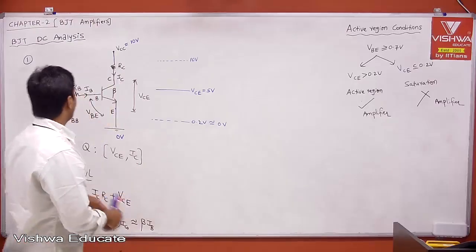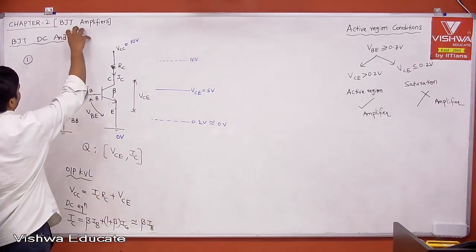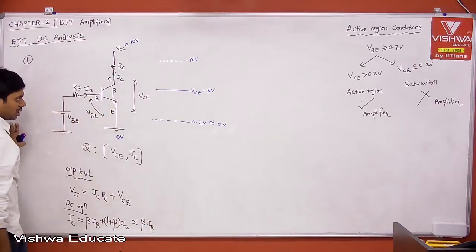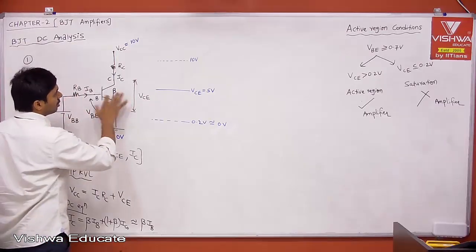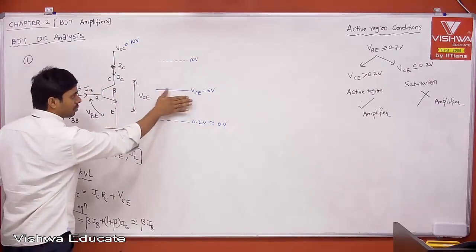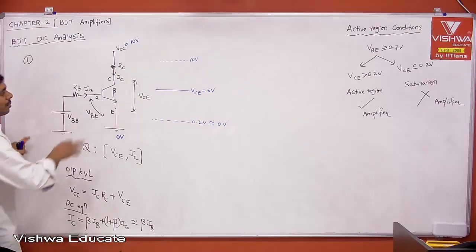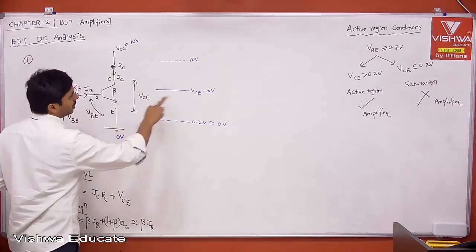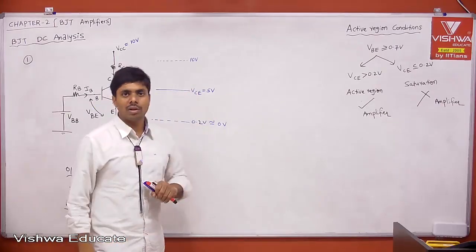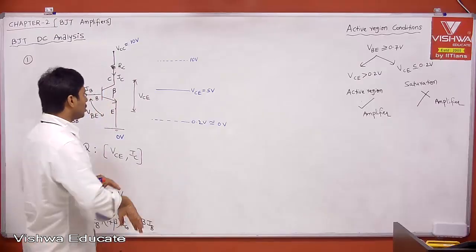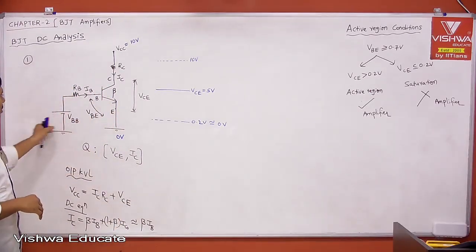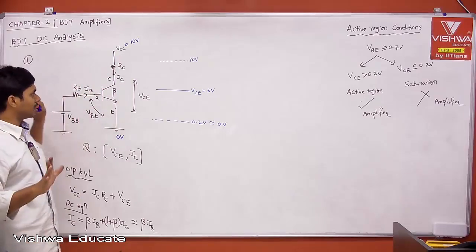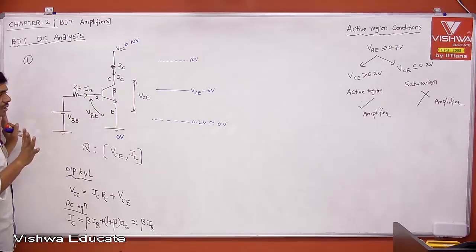Now, the first job of DC analysis is to keep the transistor in the active region. By choosing RB, VBB, RC and the beta, we got to know the transistor region, and we are able to keep the transistor in the active region by having VCE greater than 0.2. Once RB, VBB and RC are chosen, everything is set, then leave it.